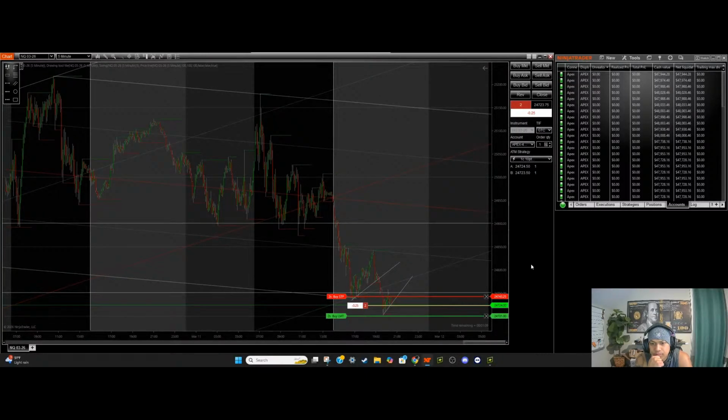Nope. It is very, very slow now. And it seems like every time it dips down, it gets bought up immediately. Yep. Look at that. Okay, NQ, I guess you don't want me to trade right now.